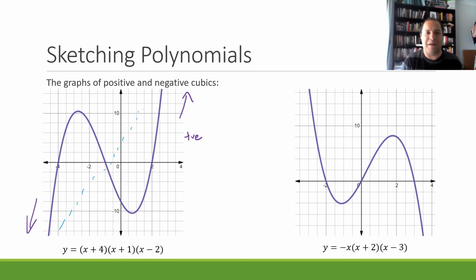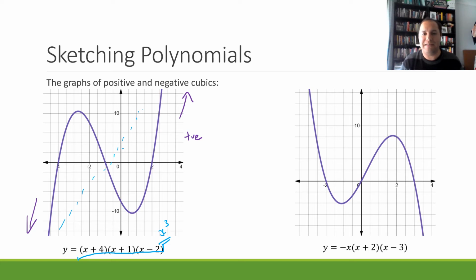Our line's going upwards if it had a positive leading coefficient, or if its gradient was positive. This cubic, where x cubed is positive, means it's going upwards. It starts in the bottom left, like our line, and goes up, down, up, and rises like our line.